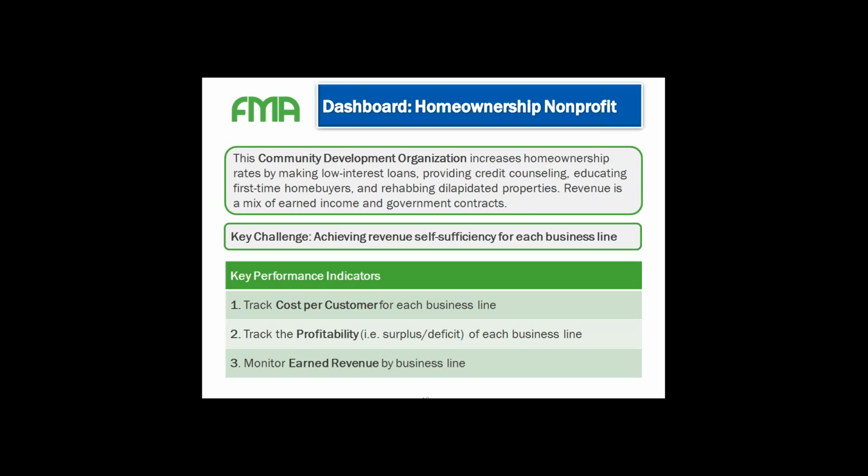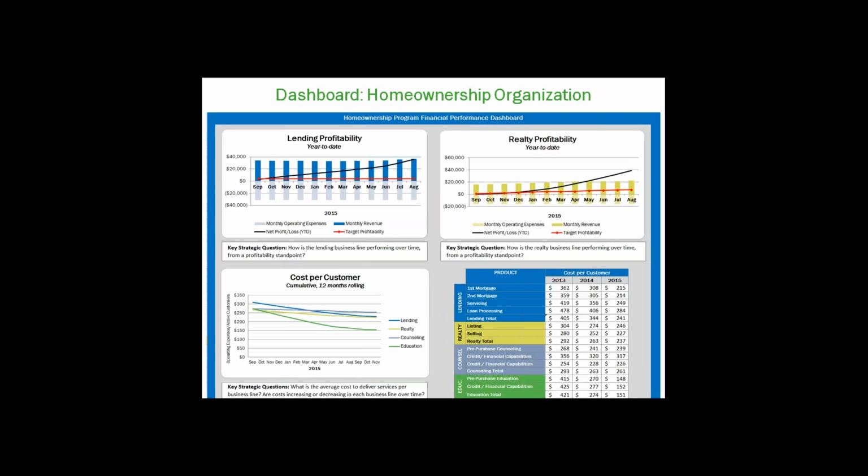How are our business lines covering their costs or not? Where are we profitable? How much is it costing us to serve a particular customer or user of the data? And these dashboards focused on what was their number one priority, which was profitability by business line.